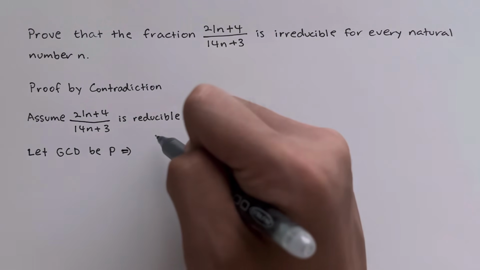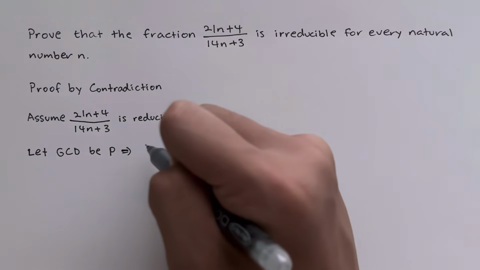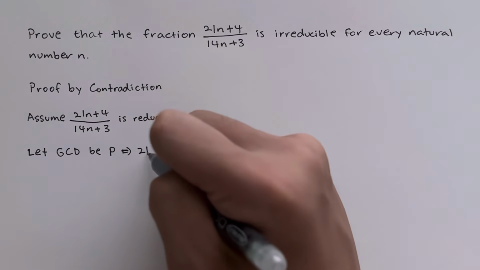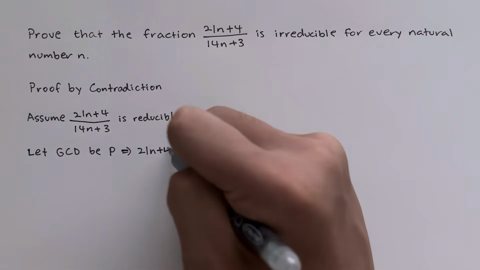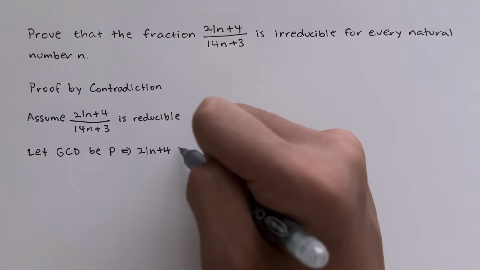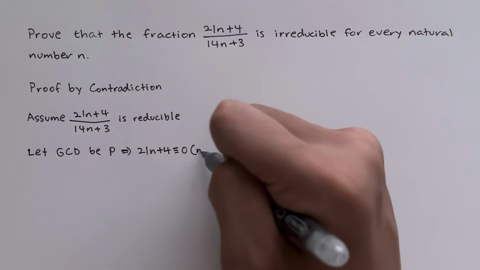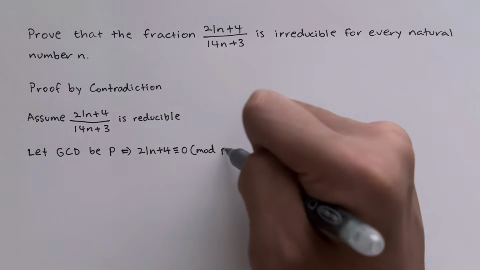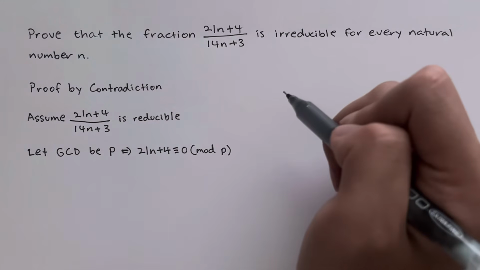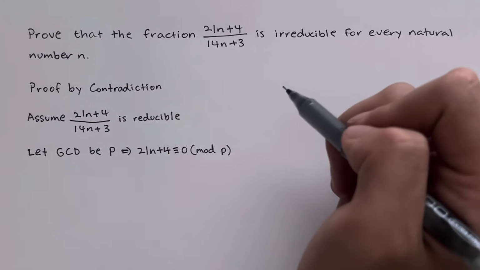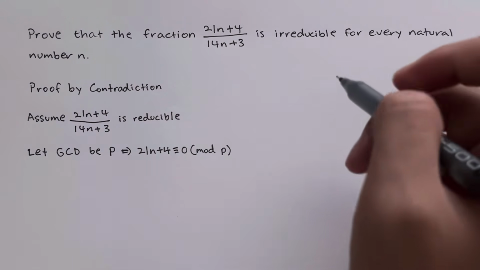So thus, we can apply congruence modulo to get 21n + 4 is congruent to 0 mod p, where 0 here is basically the remainder when 21n + 4 is divided by p.